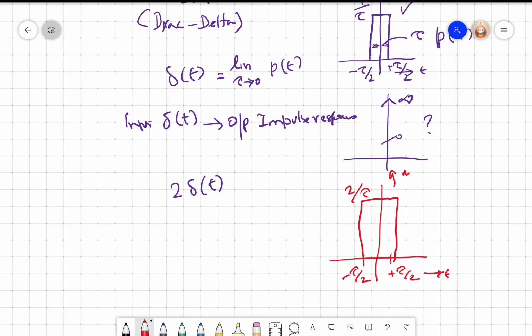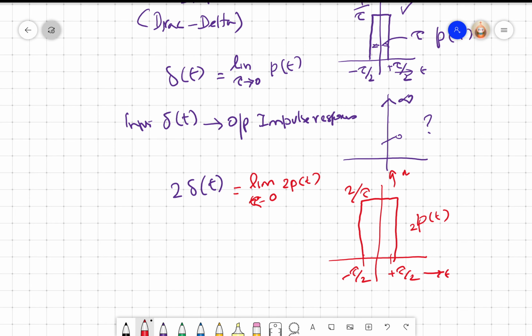So this is the limit, I call this 2 into p of t, twice the amplitude of the pulse, with tau tending to 0. So that is equal to 2 into del of t.